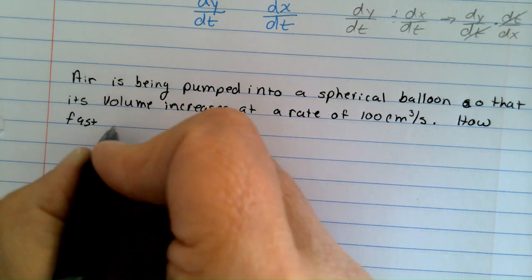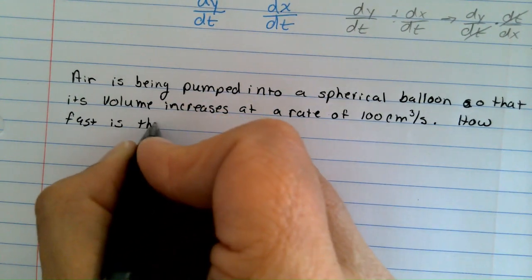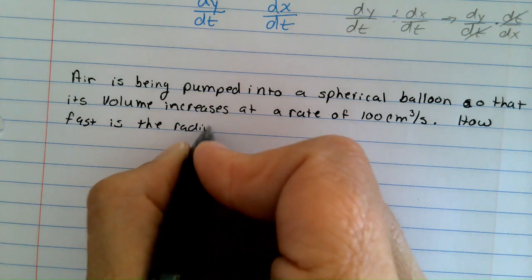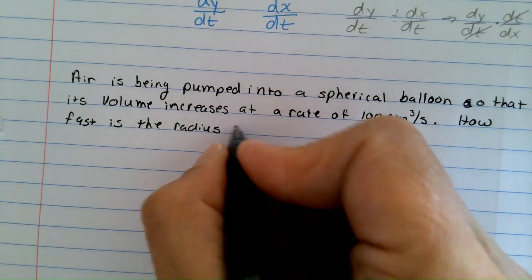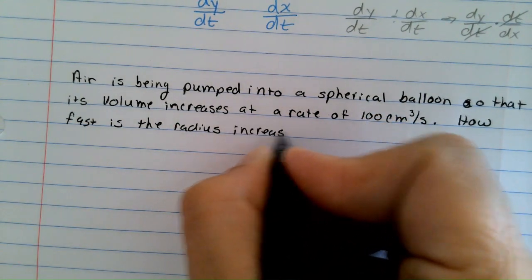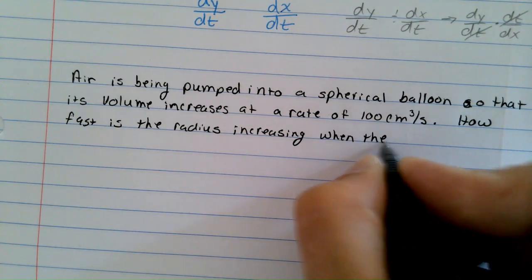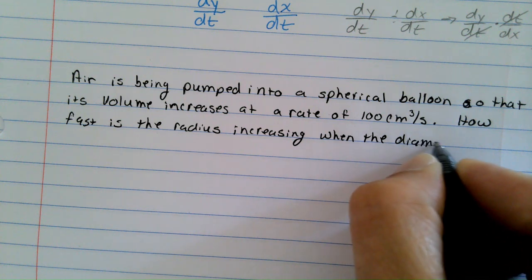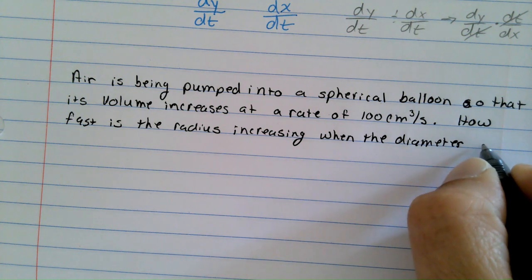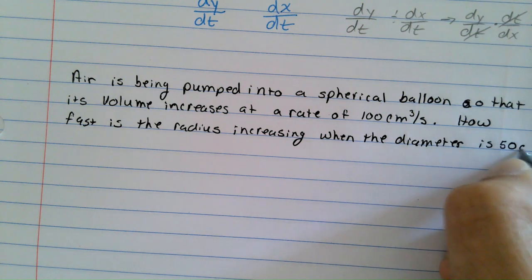How fast is the radius increasing when the diameter is 50 centimeters?